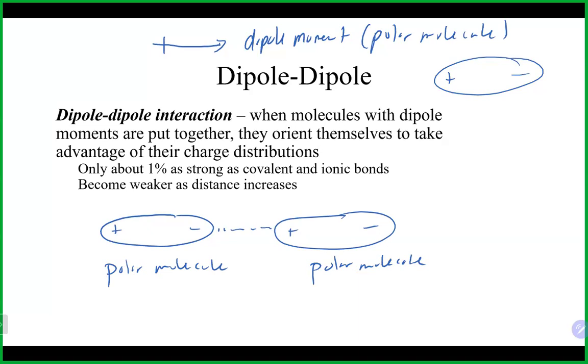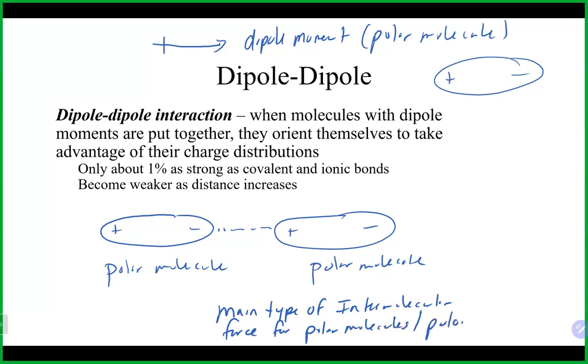This is the main type of interaction that occurs for polar molecules and polar molecules. This is basically how they interact with each other. And these are polar molecules, and I'll write this now, that typically cannot hydrogen bond.